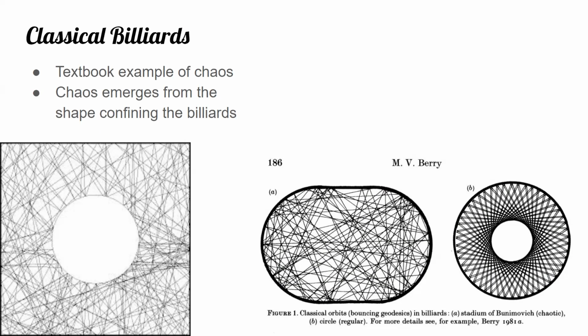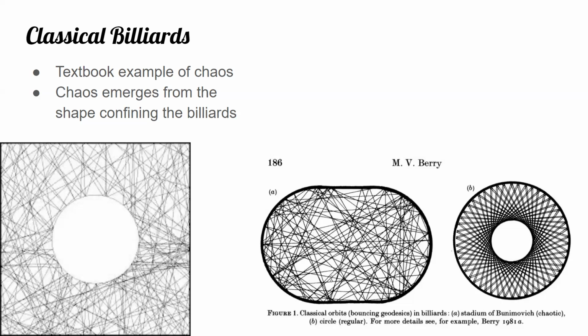Basically, the ball is not allowed to leave the shape that it's in, and it will elastically scatter off of all of these walls that it's confined in. It turns out if you have irregular shapes for the geometry that the ball is confined in, you can get chaotic motion.